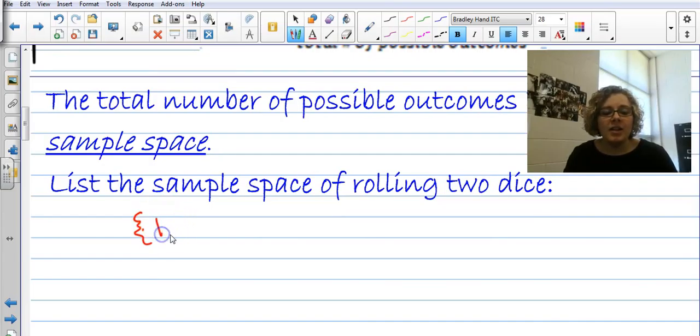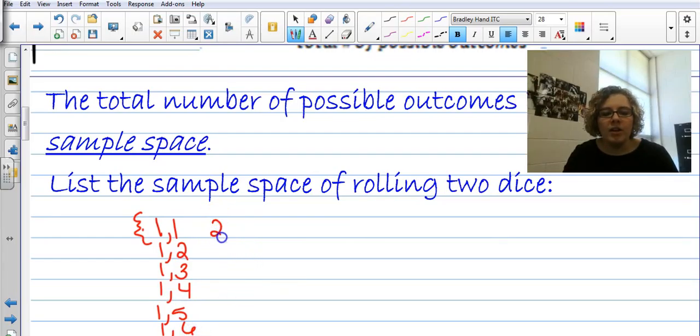The first dice could land on a 1, and then the second one could land on a 1. Or the first dice could land on a 1 and then a 2, a 1 and then a 3, a 1 and then a 4, a 1 and then a 5, and a 1 and a 6.